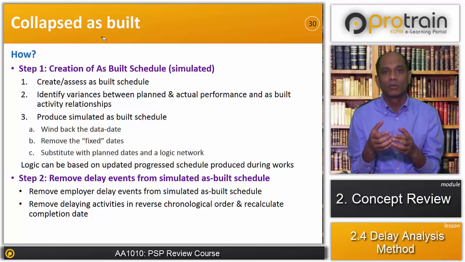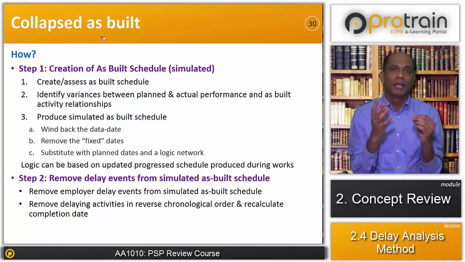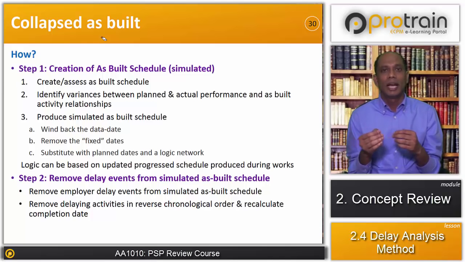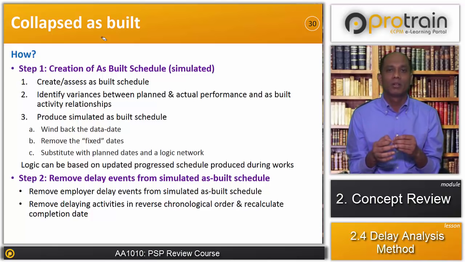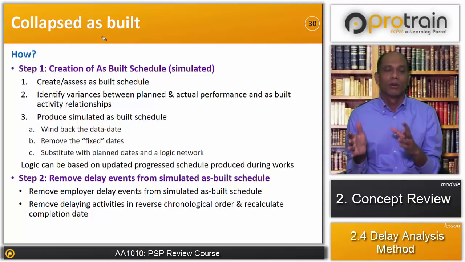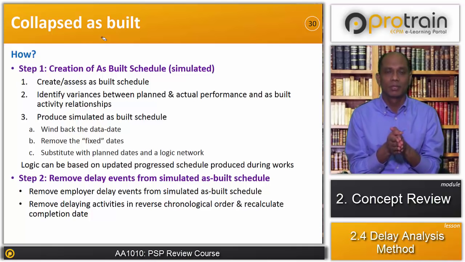As well, we have to change the network logic based on the way the actual activities were carried out at the project. The logic of the actual activities can be based on the updated progress schedules produced during the works. So after following these steps, we have step 1 completed, that is creation of the simulated as-built schedule.